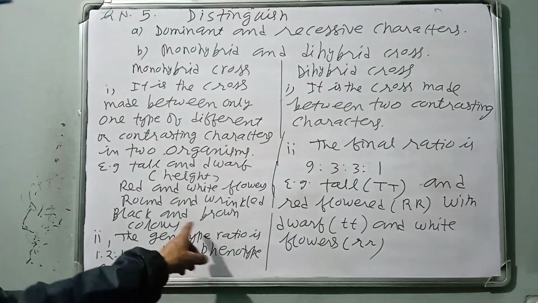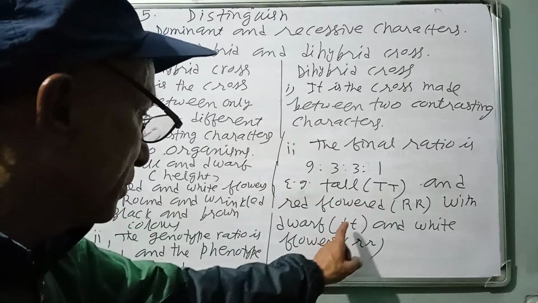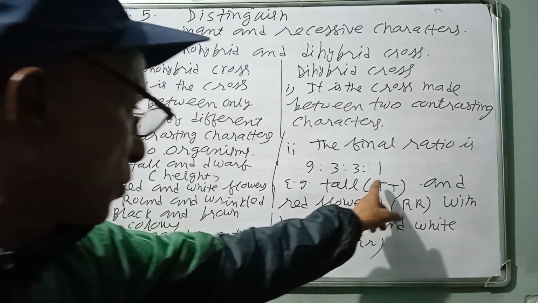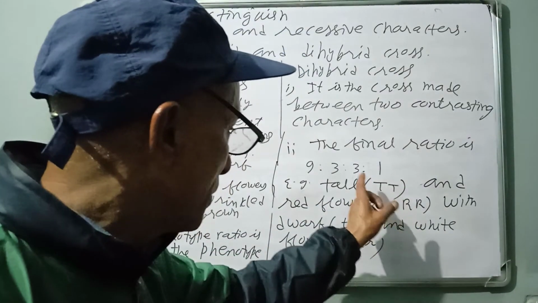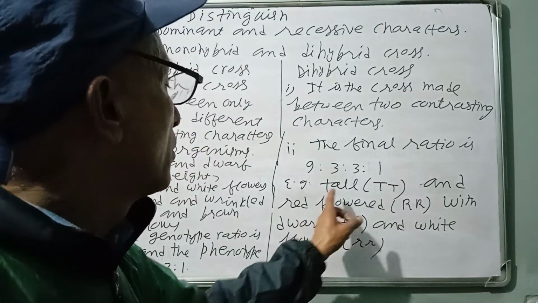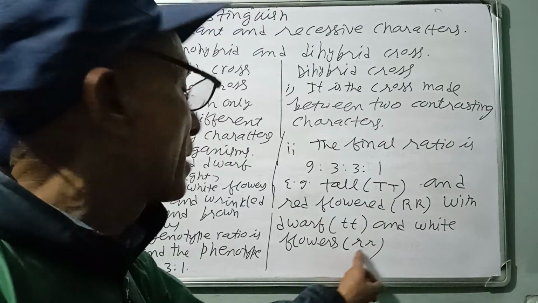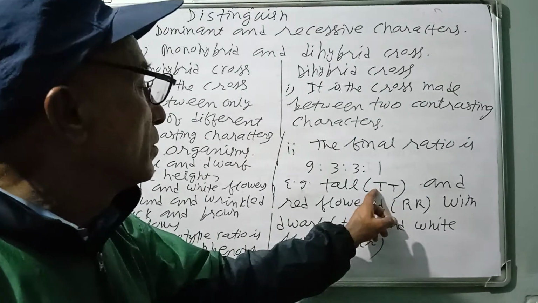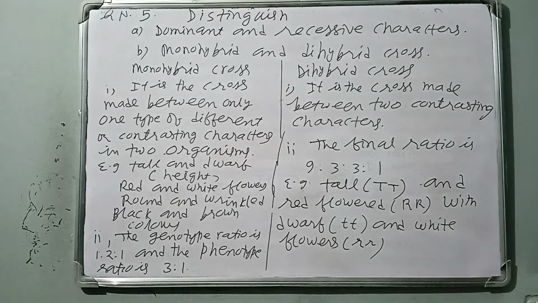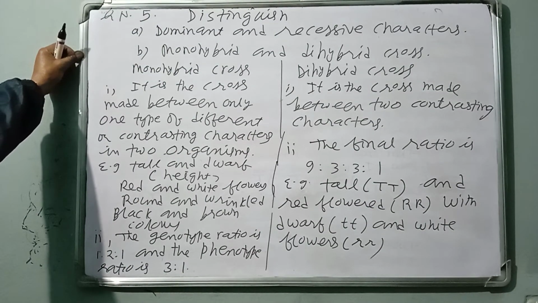In the same way, when you take black and brown. Capital T tall and red, two at a time, height and color, dwarf and white. Tall and red flower, both dominant, with dwarf and white flowers. So we can denote TTRR with small ones.